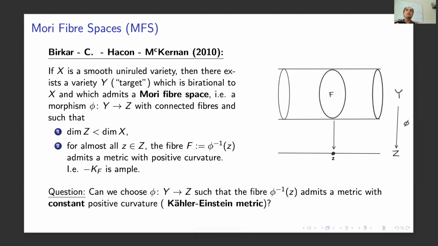So it's possible that we found a Mori fiber space for which the fiber has a metric with positive curvature, but not a Kähler-Einstein metric. If this is the case, can we find another Mori fiber space, another variety Y, which is birational to X, or birational to the original Y, which also admits a fibration, but this new fibration has the property that the fiber admits a Kähler-Einstein metric?